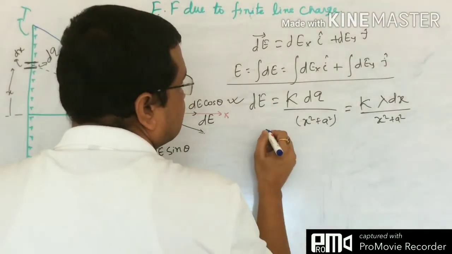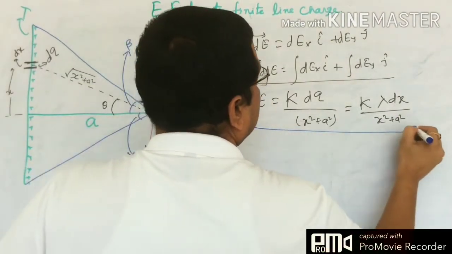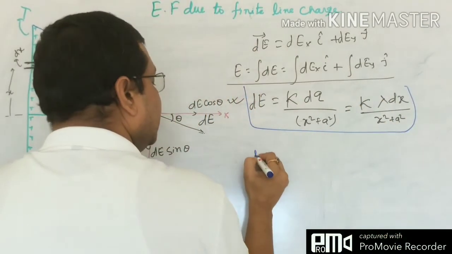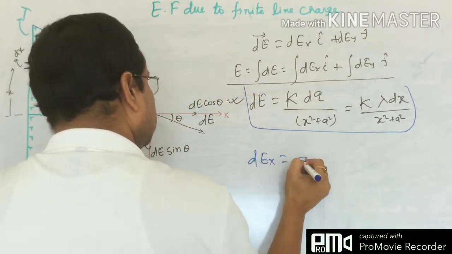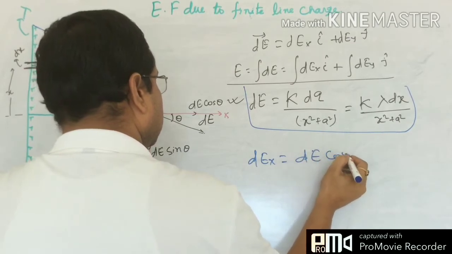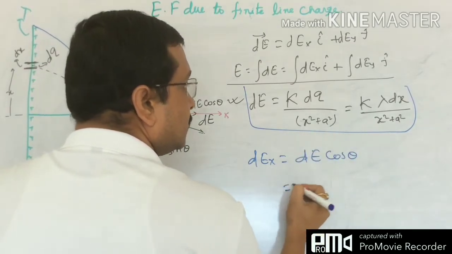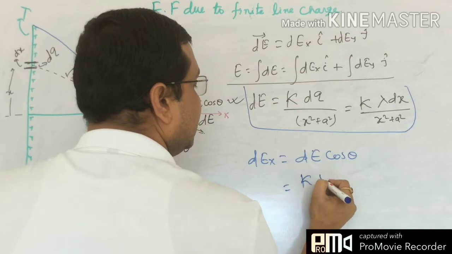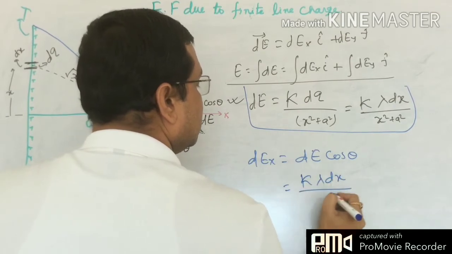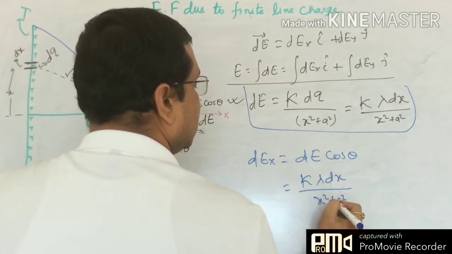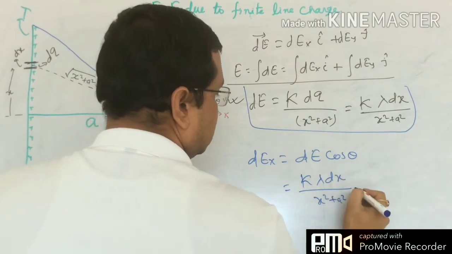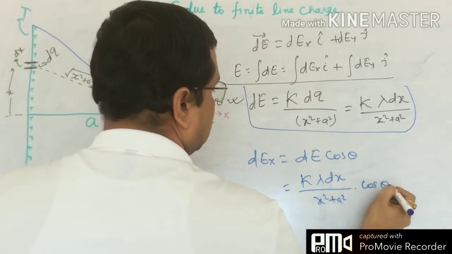So what is dEx? dEx equals dE cos theta, and dE means k lambda dx by x square plus a square, into cos theta.